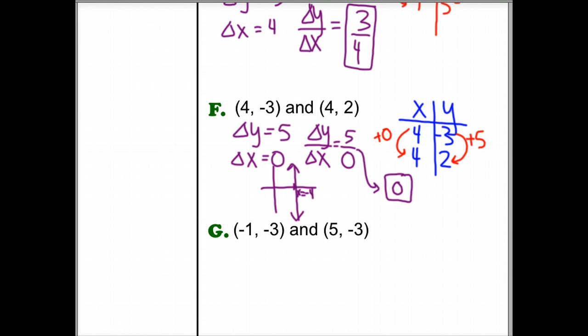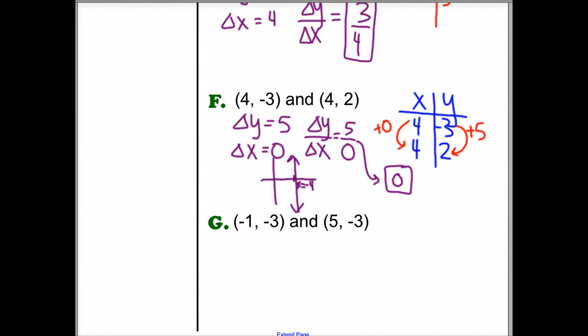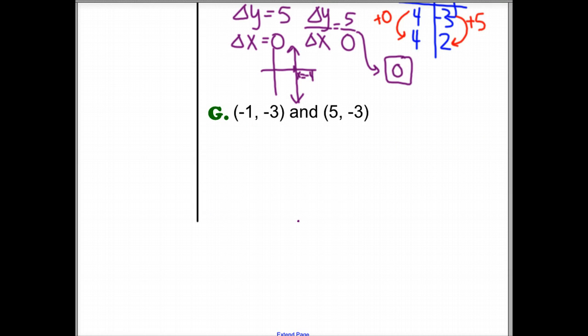And our last problem here is, let's extend the page here, -1, -3, and 5, -3. So we'll have x on this side, y on this side, -1 and -3, 5 and -3. So our change in y is 0, and our change in x is +6.